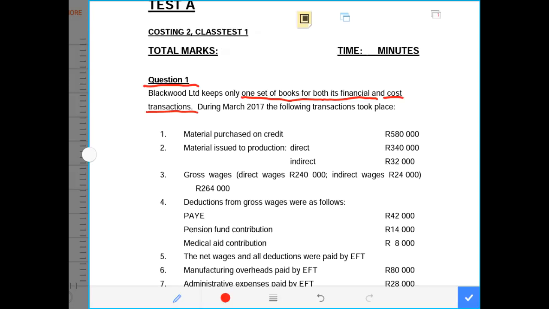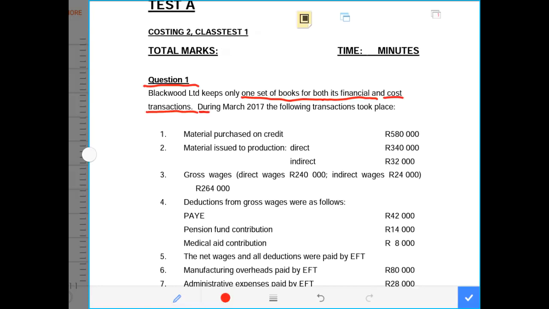We have been told that the system we are to teach on is the integrated, not the interlocking, because companies now use one system that combines the financial transactions and the cost and management accounting transactions. This is the one called the integrated accounting system.